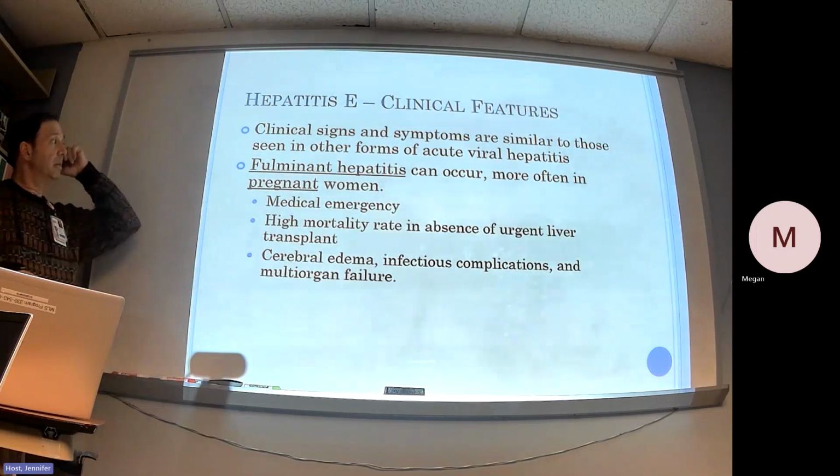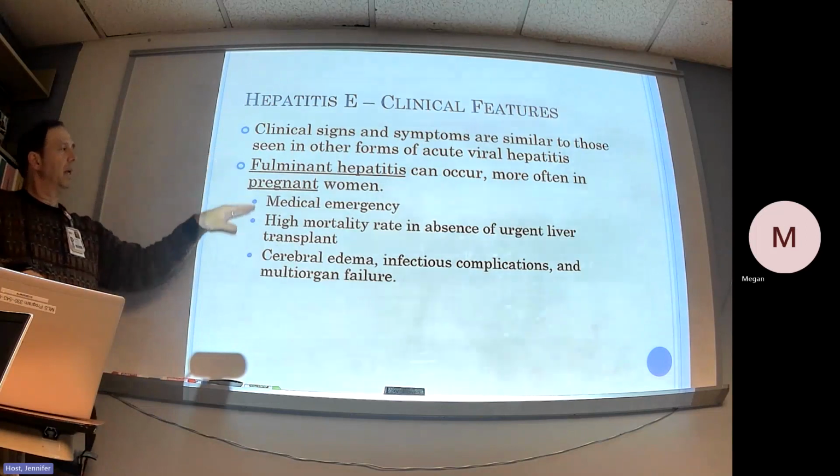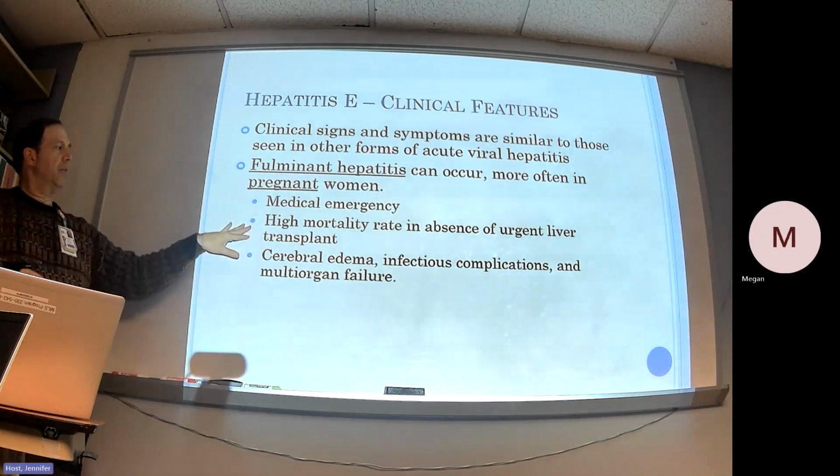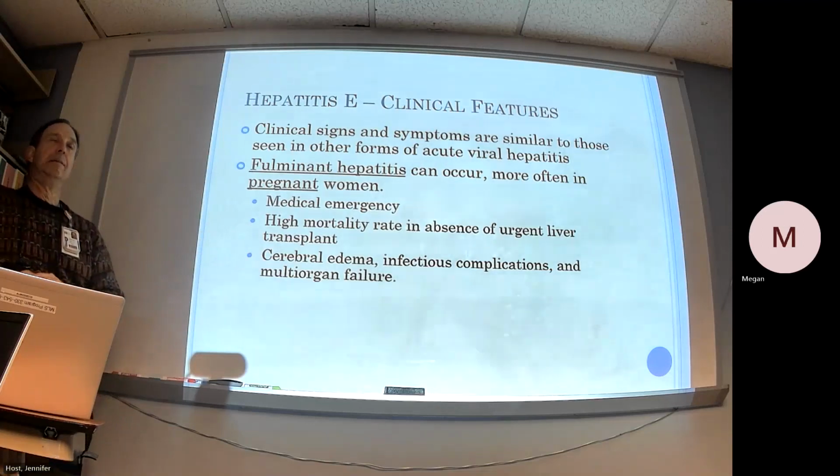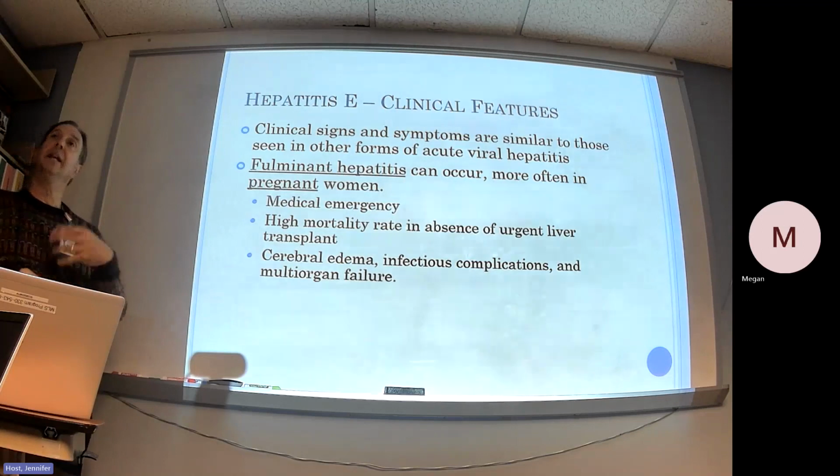Very similar. It can be very difficult in pregnant women because of the high mortality rate due to cerebral edema, multi-organ failure. Do you know how much liver you need to live? A third. It's even less, 15%. It's not a great life, but you can live with it.